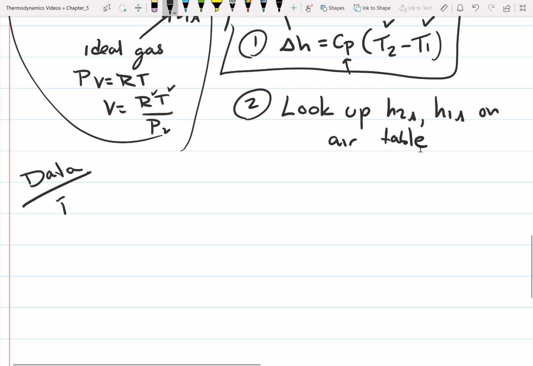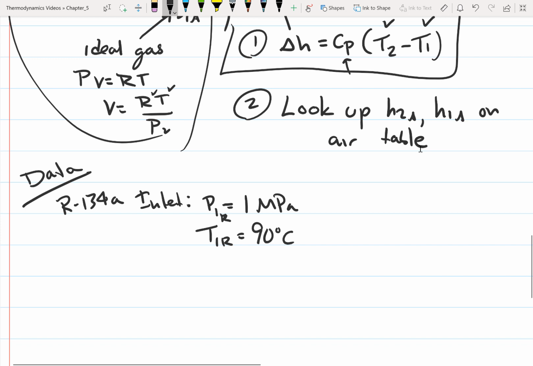So the way I'm going to look up the data, I'm going to first do the refrigerant inlet, so R134A inlet, and at the inlet we have that P1R is equal to 1 megapascal, and T1R is equal to 90 degrees C. So basically we can determine from these values that this is in fact a superheated vapor.